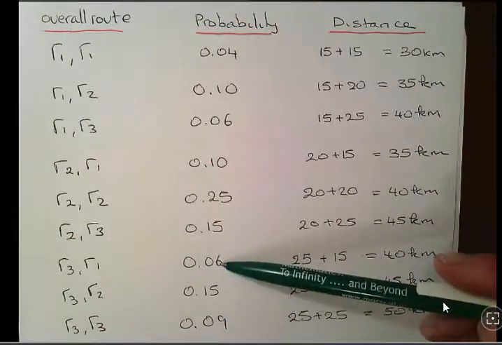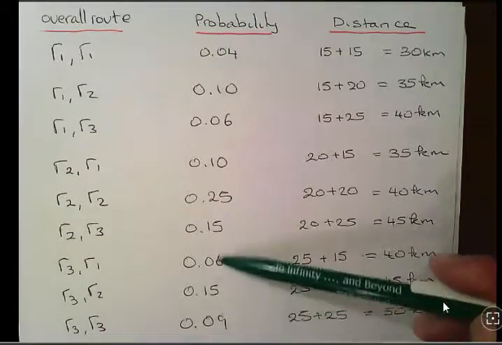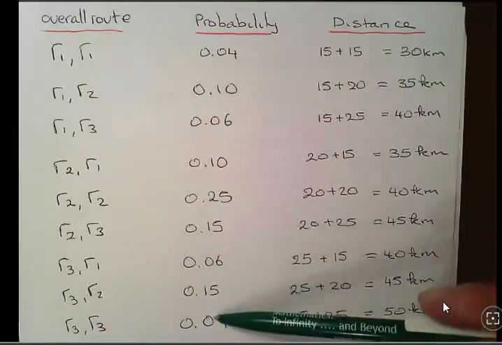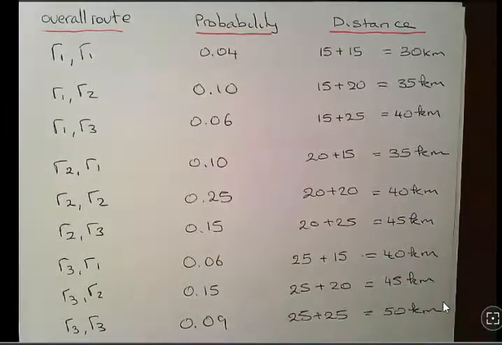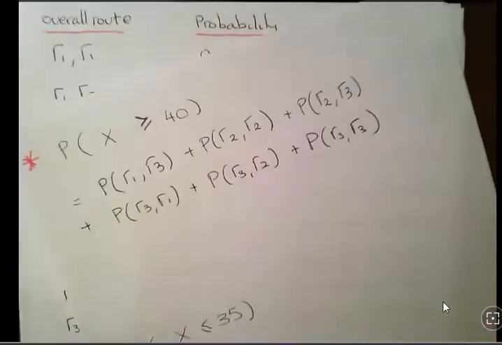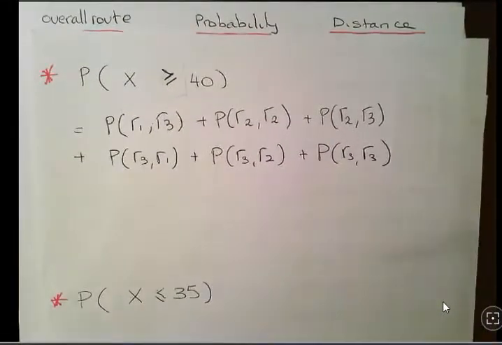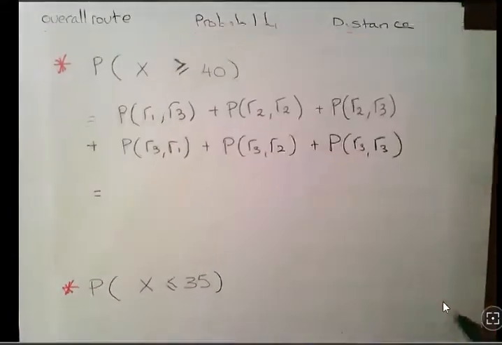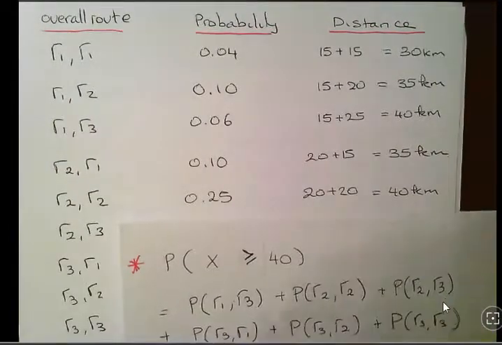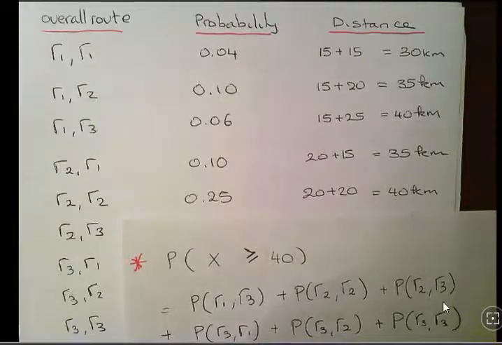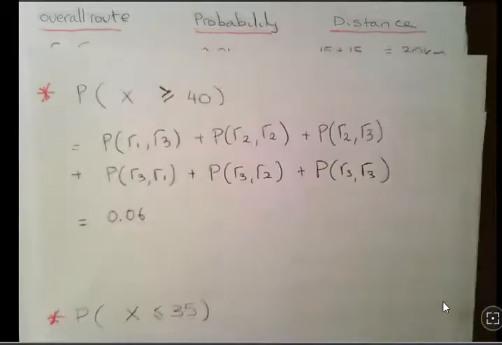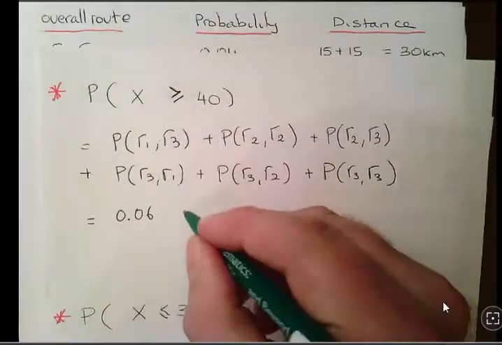In fact, I'm just going to tot them up as one, as 30%. That adds up to 30%. Okay, so let's tot them up here. Route 1, route 3 is a 6% chance of that happening, so I write it in there, 0.06.